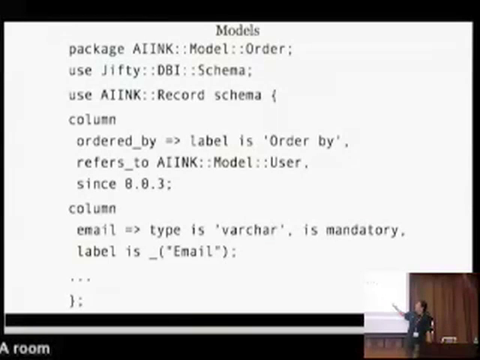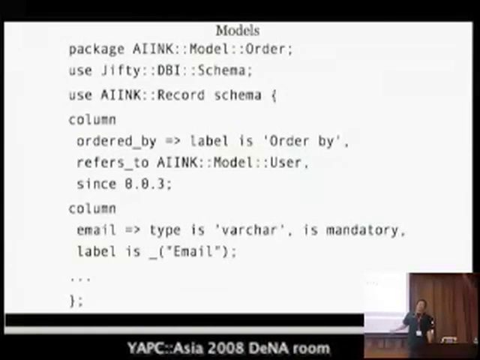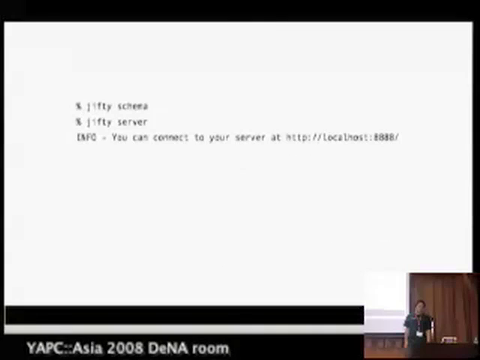Email type is that. And so Jifty does all the magic, including generating the SQL and then upgrading the database. If you have a new column in this order, you can just say this column is new since version X and Y. So once you have that deployed, Jifty will upgrade the database for you automatically.